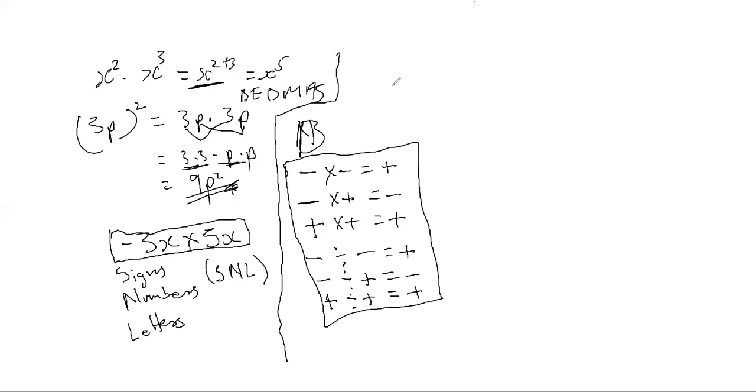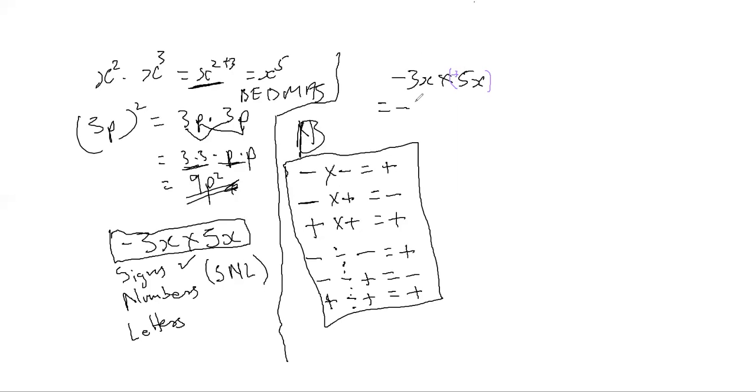So if I have minus 3x and I'm multiplying this by 5x, don't worry, my handwriting will get better. The sign here is negative. What is the sign there? You see, like 1, we usually don't write the positive sign, okay? Just like we don't write the number 1. So we usually don't write the positive sign. But you must realize you have a negative sign times a positive, it's a negative. That sign's done.